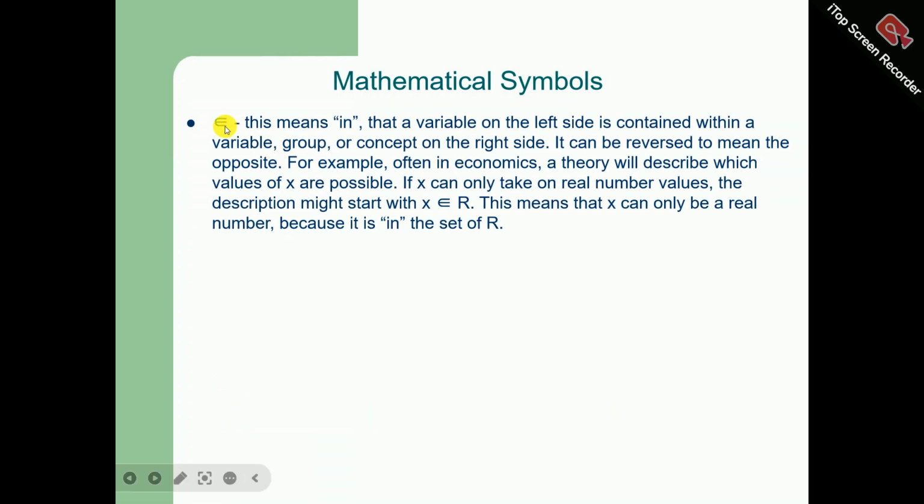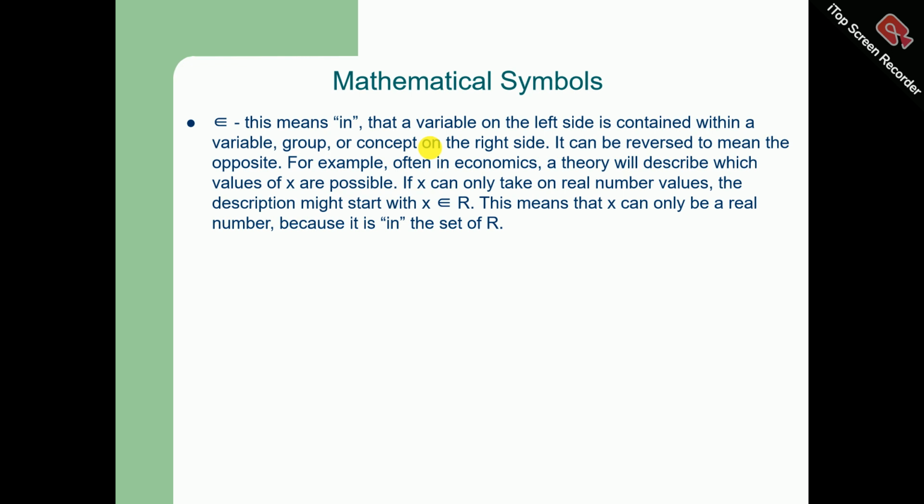This mathematical symbol means is contained in, or it is used for in, so that a variable on the left hand side is contained within a variable group or concept on the right side. It can be reversed to mean the opposite. For example, often in economics, a theory will describe which values of x are possible.